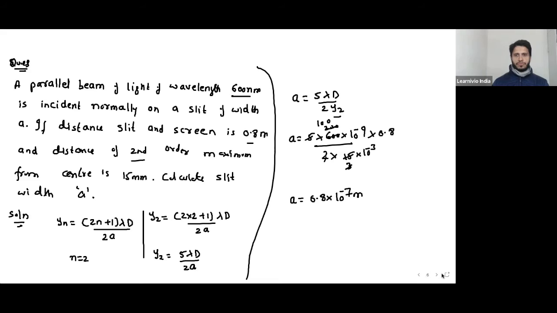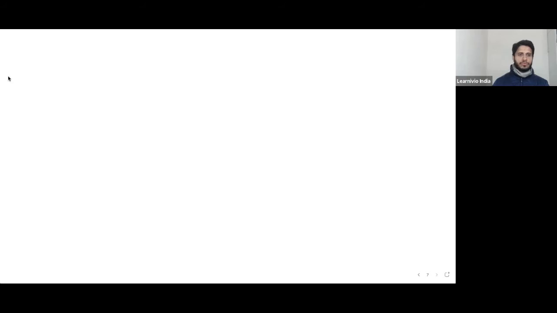The next is the width of central maximum. See, in interference, we have calculated the width of all bright fringes and all dark fringes.